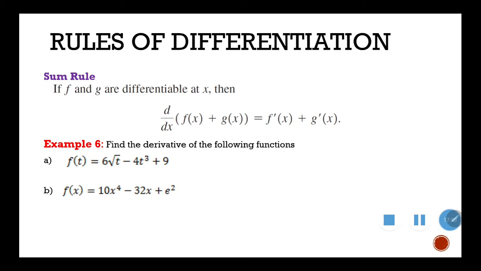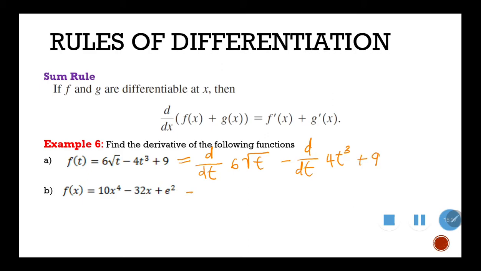So now let's look at example 6a. 6a can also be rewritten like this, d/dt of 6 root t minus d/dt of 4t to the power of 3 plus 9.